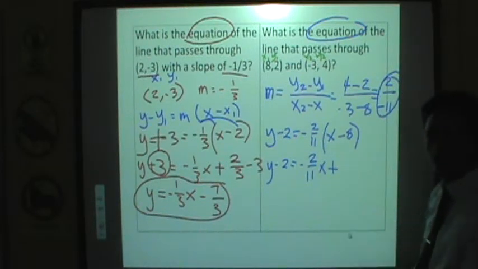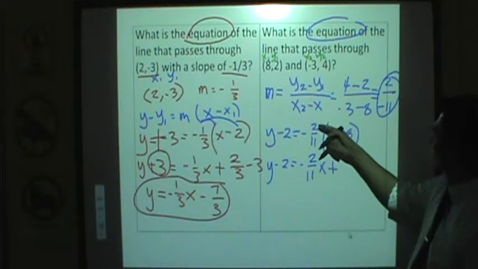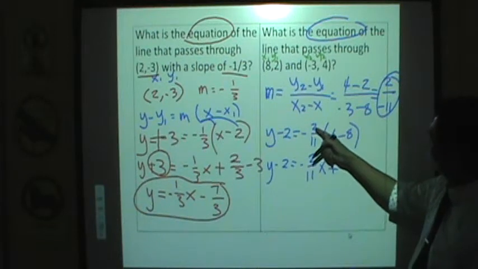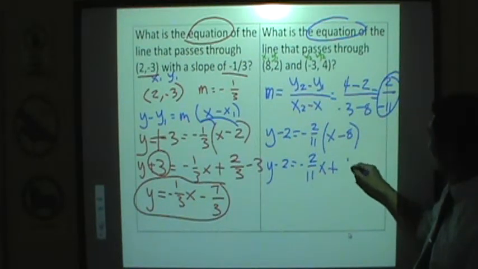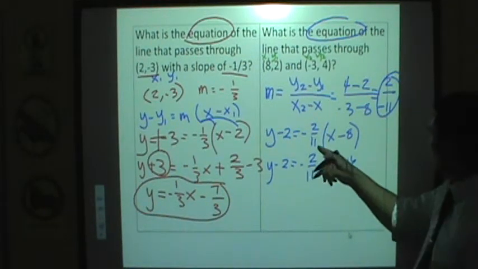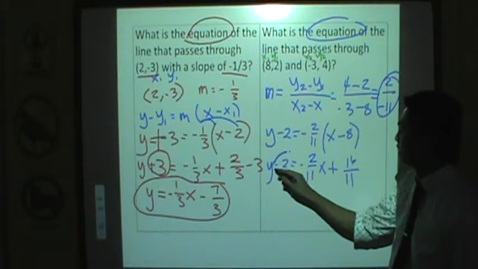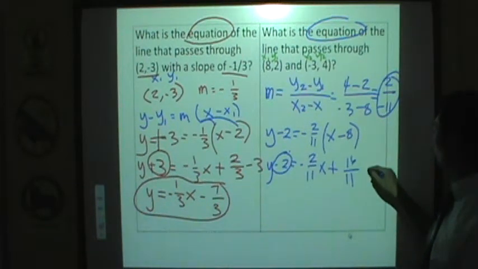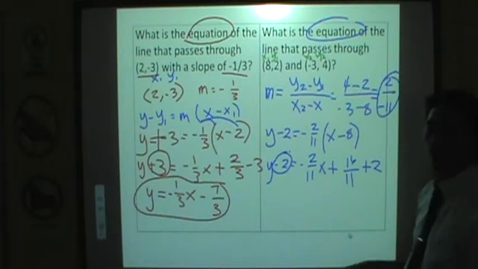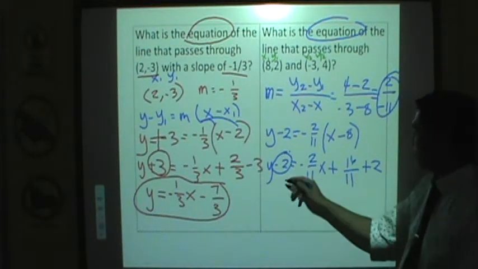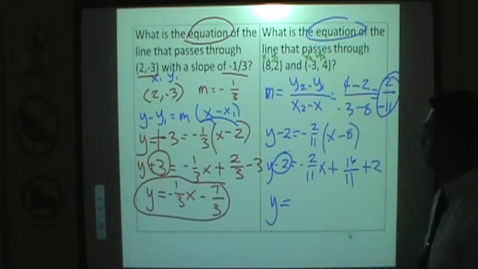But negative times negative is positive. And I just taught you that to multiply a fraction by a whole number, just do 2 times 8, which is going to be 16 over, and then copy the denominator, 11. But see that negative 2, move it over, becomes plus 2. Now, why do you have to move the negative 2 over? Because we need to have y alone.